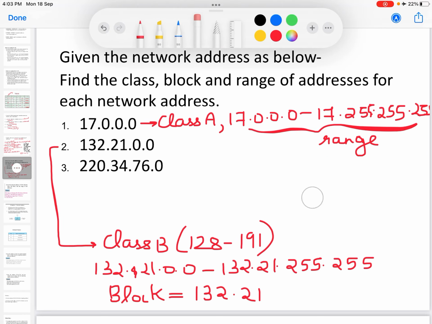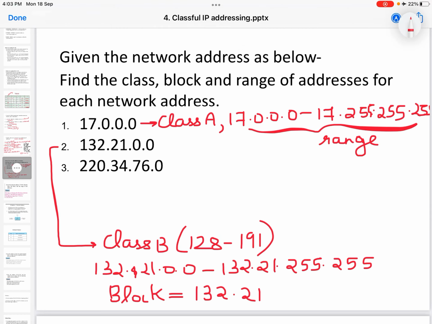In the next question, let me erase this part. This belongs to class C. Class C is 192 to 223.